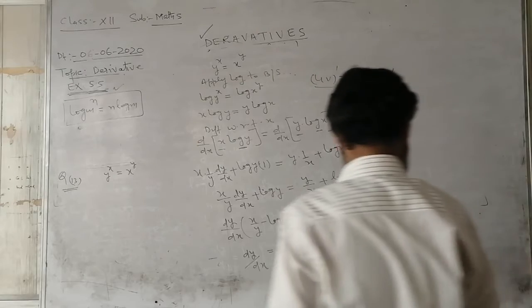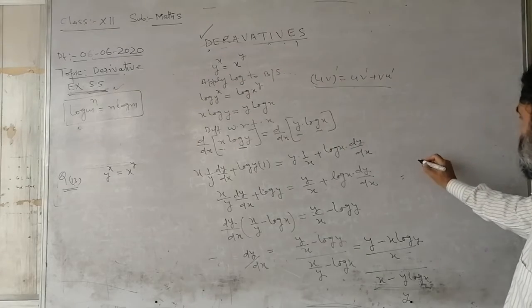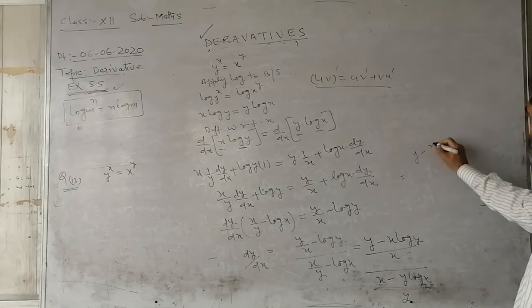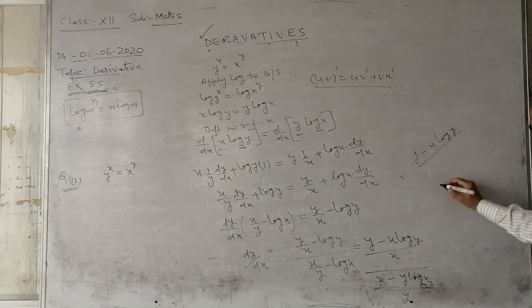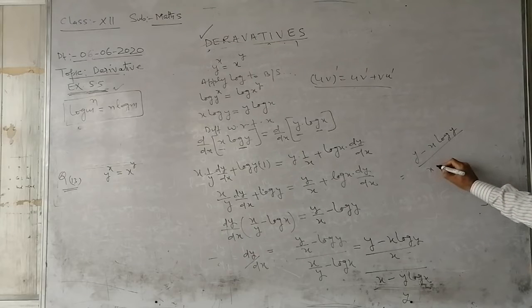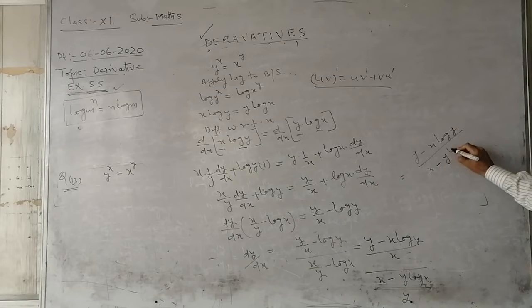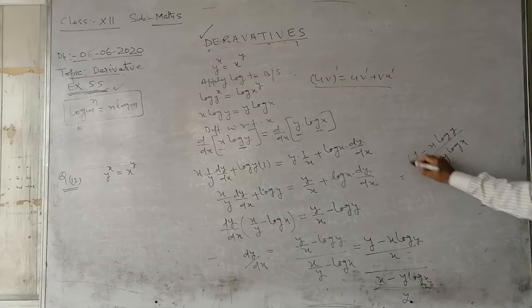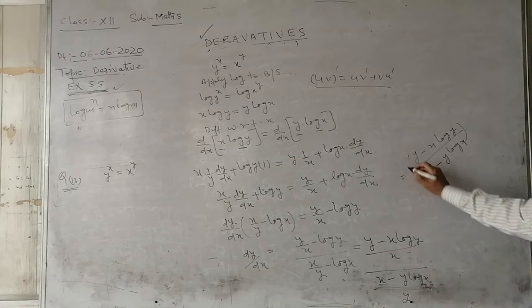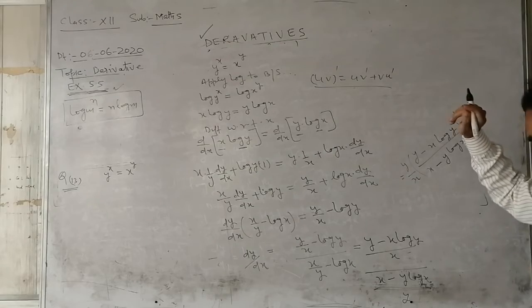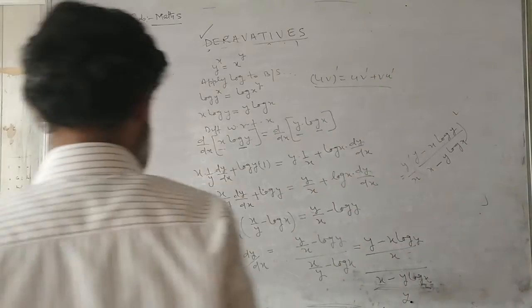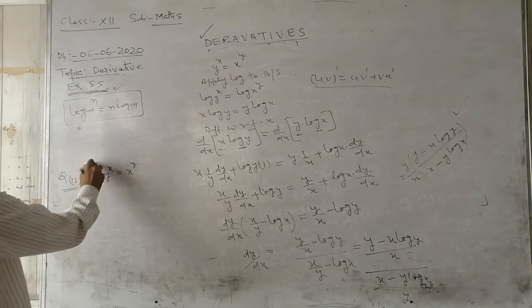So this can be written as y minus x log y upon x minus y log x, and this as y upon x.